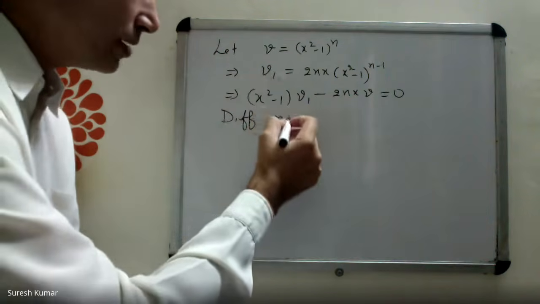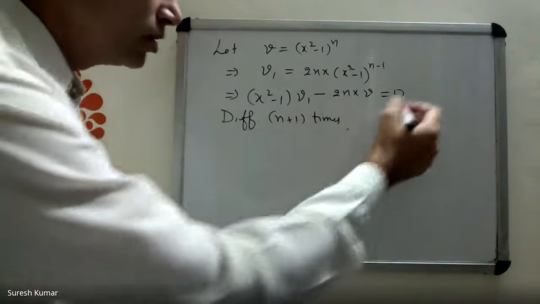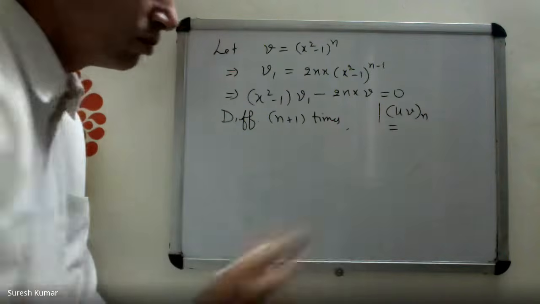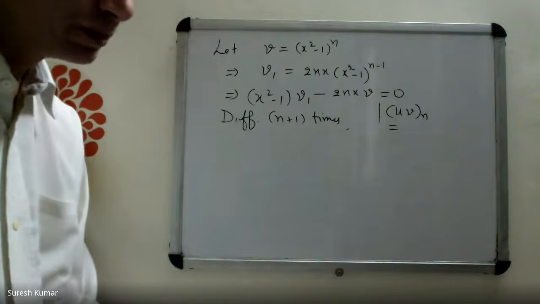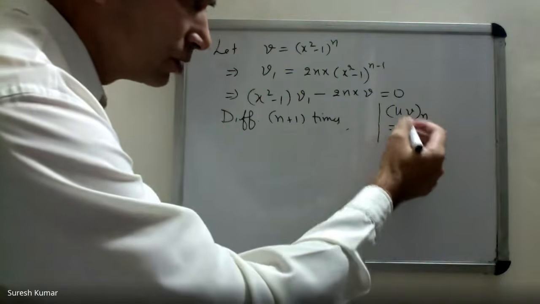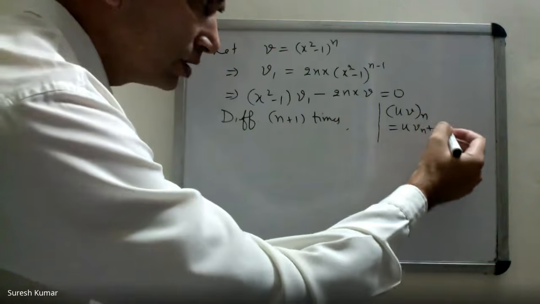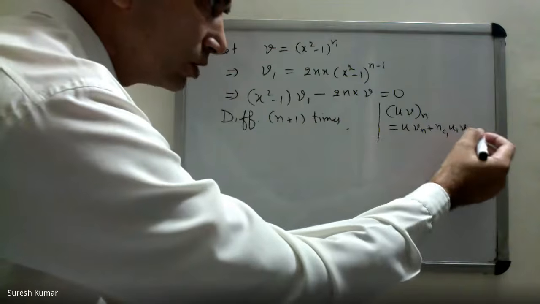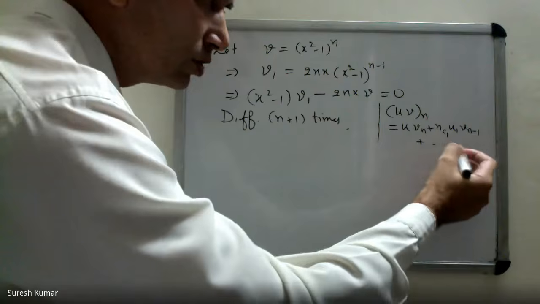Differentiate n plus 1 times. Are you aware of this formula? The nth derivative of a product of two functions u and v. If you don't know, please write it. First, as it is, the nth derivative of the second, plus nC1 u₁ vₙ₋₁, next nC2 u₂ vₙ₋₂ and so on.